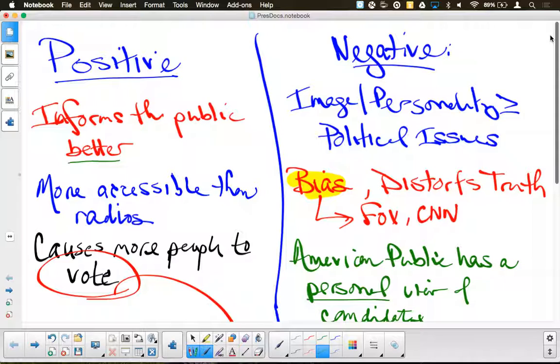Is there anything that we would miss out on if TV was completely taken away that would be beneficial for us? I feel like if TV was taken away, the only people who would be involved in politics would be the people who actually care about it and would go out of their way to look into newspapers and figure out how the parties design. So you're dealing with a smaller group of people.